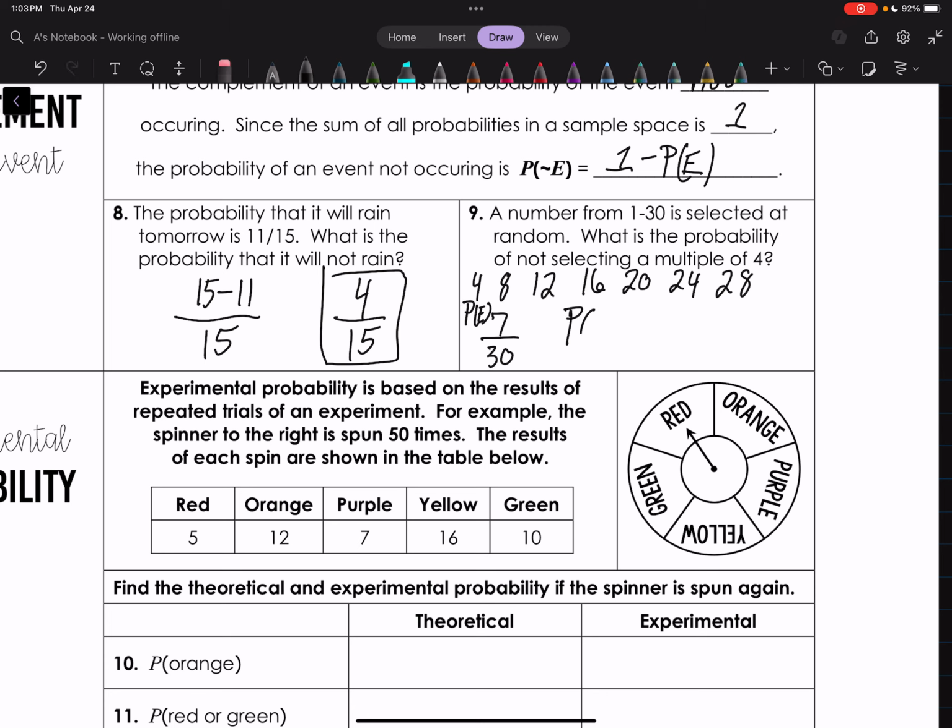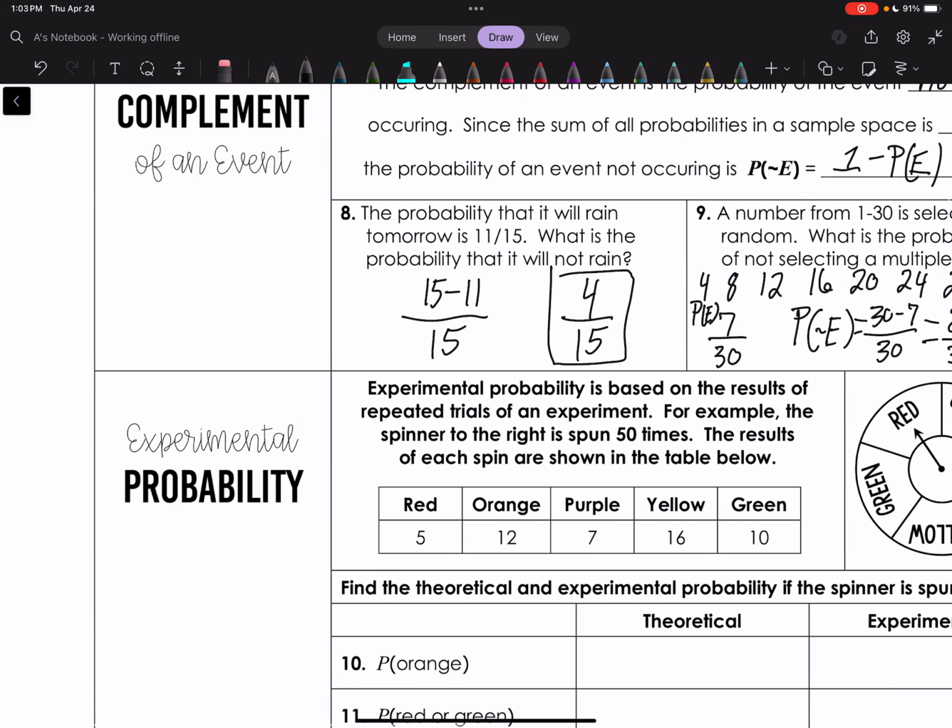My probability of it not happening is 30 minus 7 over 30. 23, sorry. 23 over 30 is the probability that it's not going to be a multiple of 4.